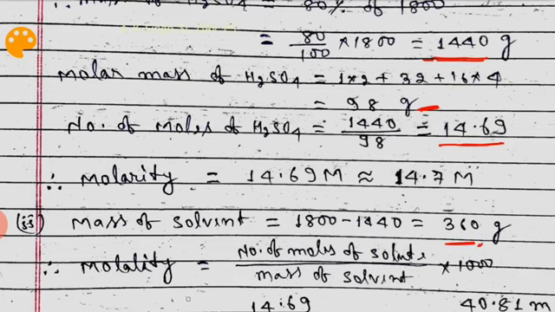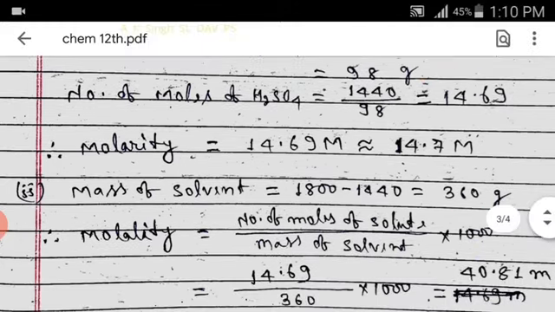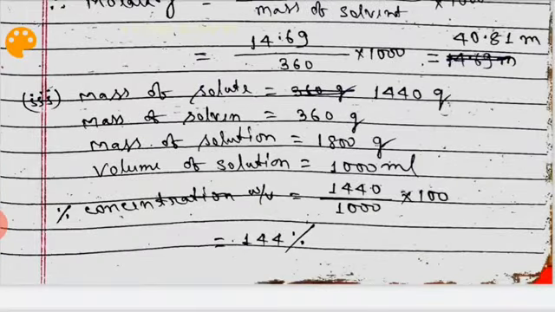Now molality. Molality is equal to number of moles of solute by mass of solvent into 1000. It is equal to 40.81 m, small m. Means 14.81 moles are dissolved in 1 kg of solvent.